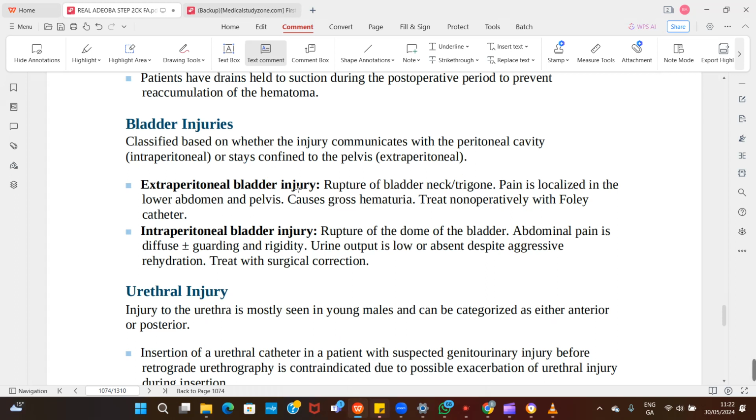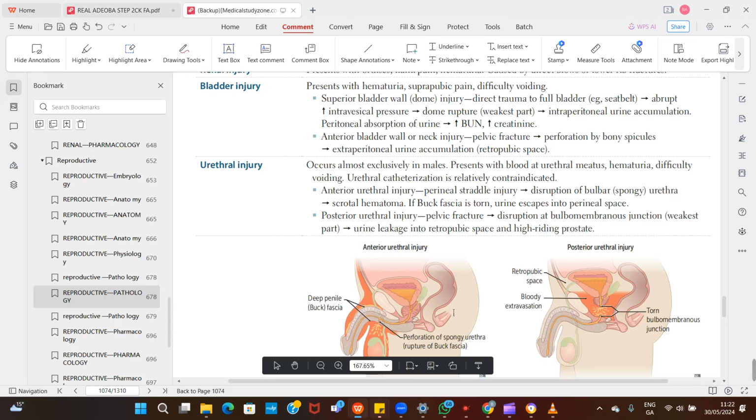That area can rupture, and there's going to be urine extravasating just behind the pubic bone. So if this tears off, you are going to have urine accumulating in this space. You call this the retropubic space, right?